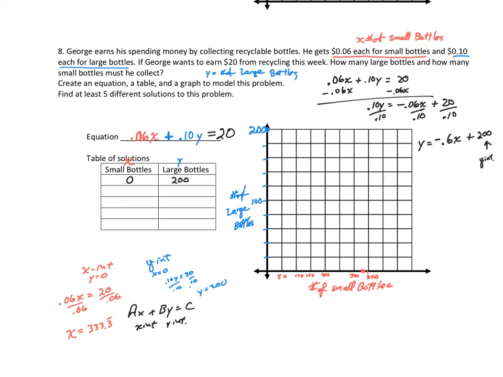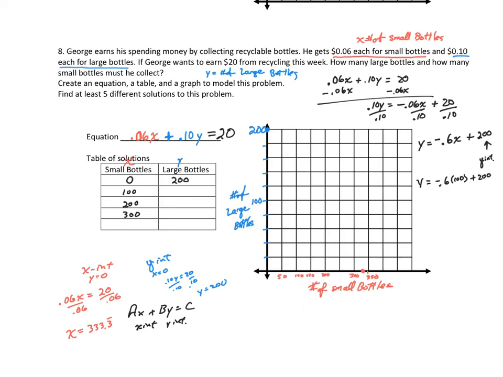What if x equals a number like 100? I know that x is going to go all the way up to 333 and a third. So I'm going to go 100, 200, 300. Let's see what happens. If x equals 100, that's y equals negative 0.6 times 100 plus 200.